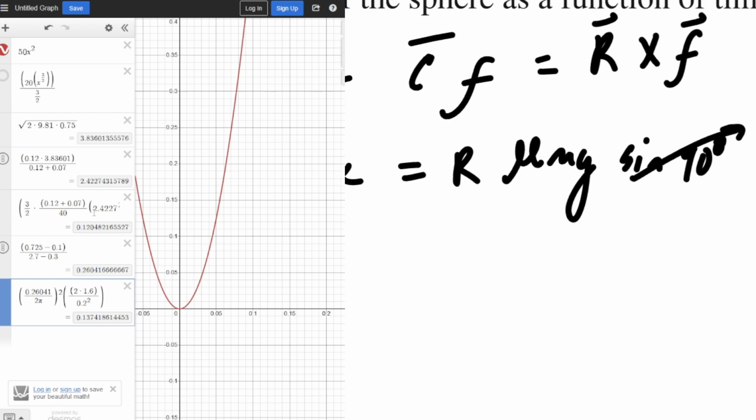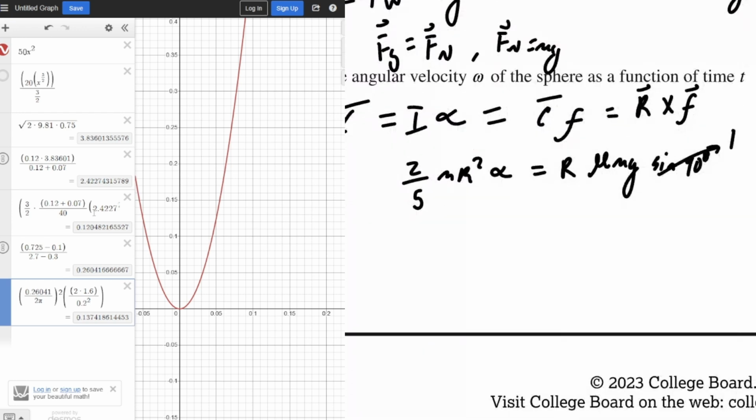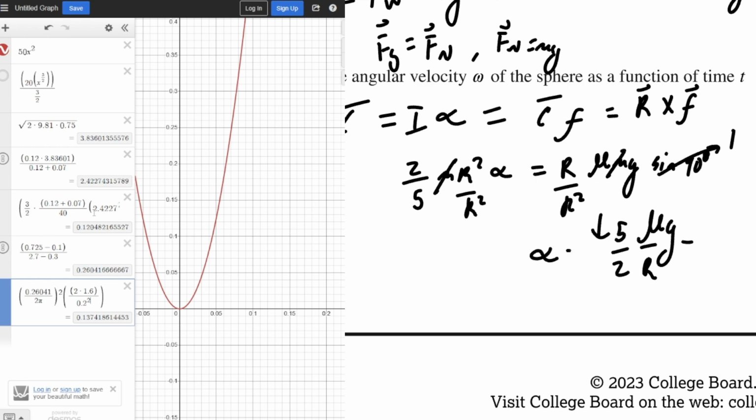It's sine 90. That's one. We can ignore it. We're going to simplify it to find angular acceleration. So we're going to divide by r squared, and we'll cancel m on both sides. It'll become 5 mu g over 2r equals angular acceleration. Great. That's our angular acceleration.